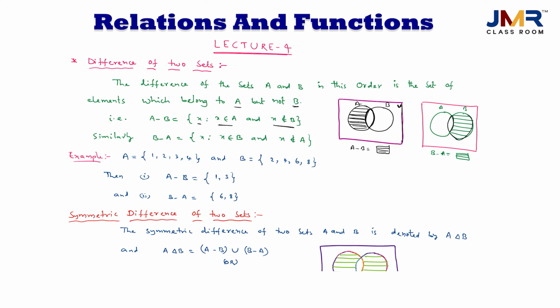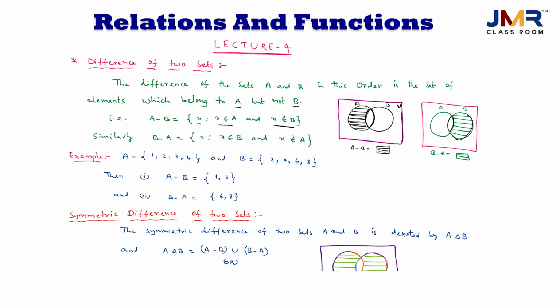Then one example: when two sets A and B are given, how to find A minus B and B minus A practically. For example, this is set A: 1, 2, 3, 4 and set B: 2, 4, 6, 8.